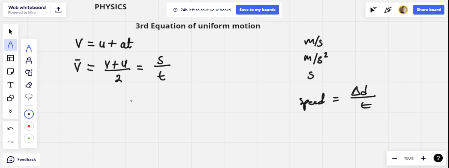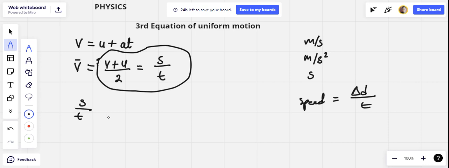So how do we now get our next equation of motion? Since we have seen what our average velocity is, we are going to consider this other part of the equation that says displacement over time equals what? v plus u divided by 2.